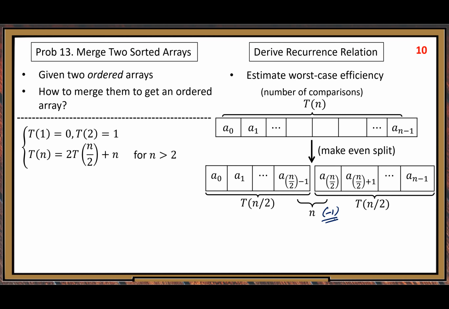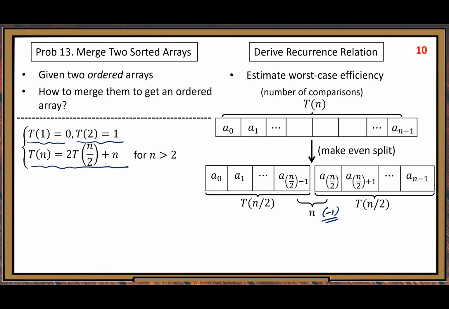So we write the recurrence relation, with two base cases. T of 1 equals 0. No comparison is needed if you have one element, right? T of 2 equals 1. When you have two elements, you only need one comparison to get it sorted. Then for the general case, T of n equals 2 times T of n over 2, because you sort two individual subproblems.